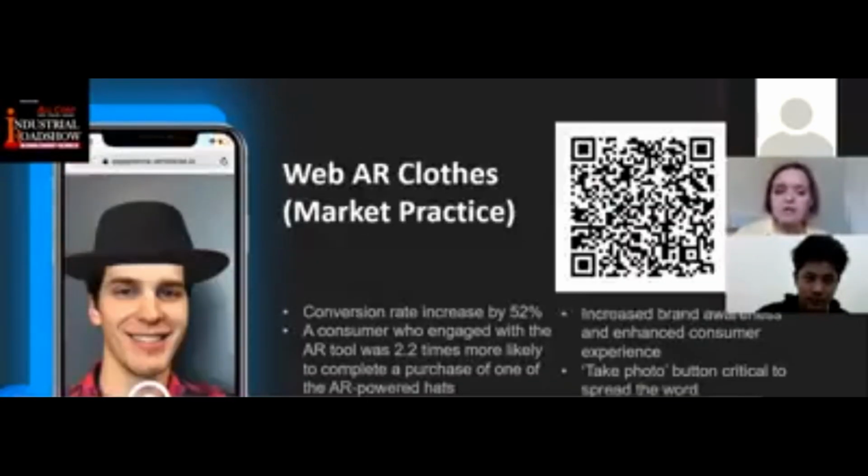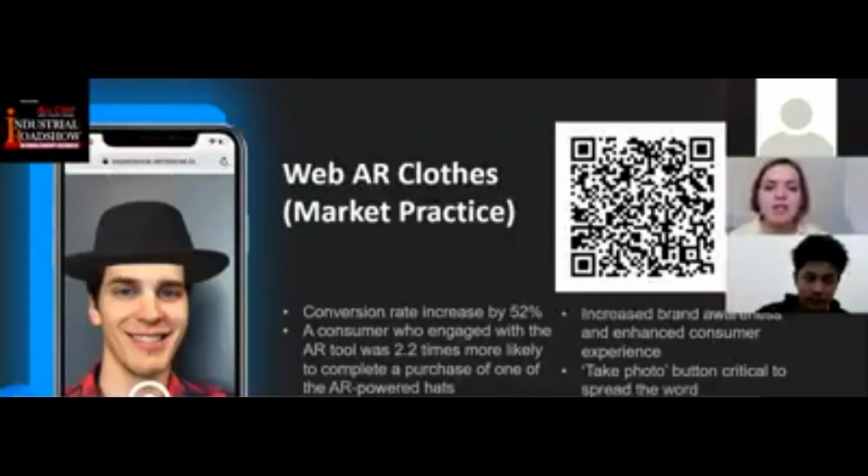This one is market practice. I invite you to scan the QR code and go to the website 10th Street Hats so that you can see what the hat fitting thing looked like.